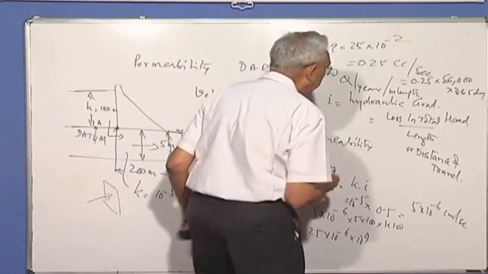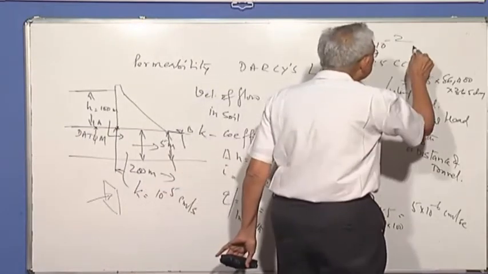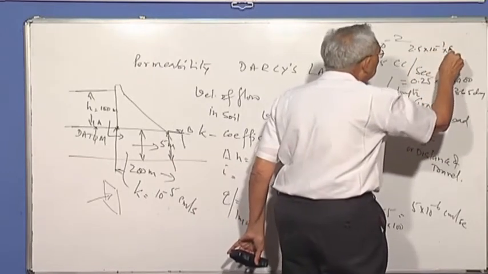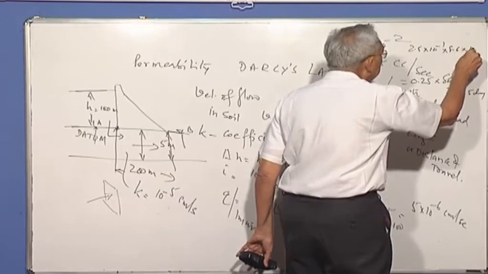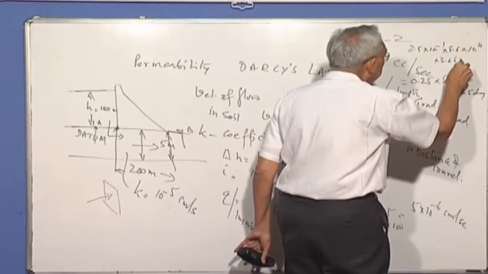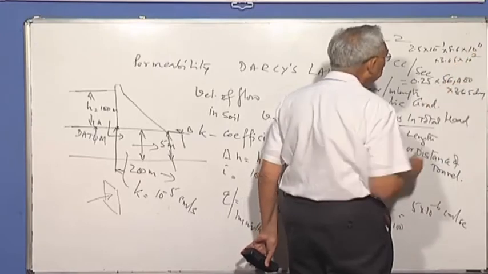Just to give you a full estimate here, this is 2.5 into 10 to the power of minus 1, 8.6 into 10 to the power of 4 into 3.65 into 10 to the power of 2.